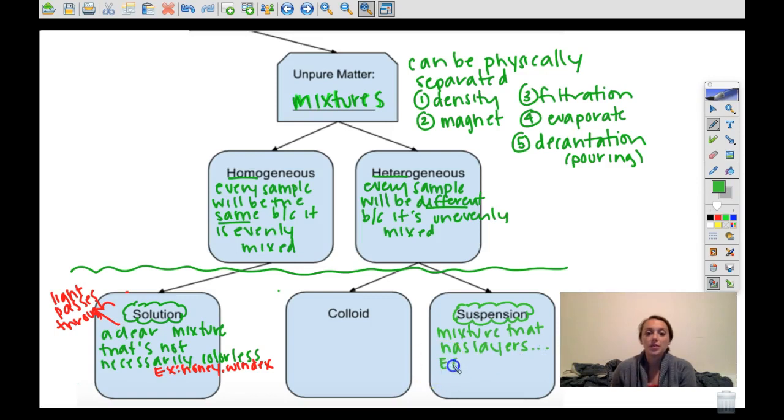So for example, like oil and water will sit on top of each other because they have different densities. So it is known as a suspension. Another one is cereal and milk. Again, because of the different densities, cereal floats on top of milk.